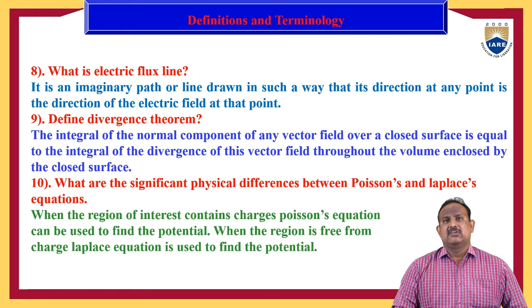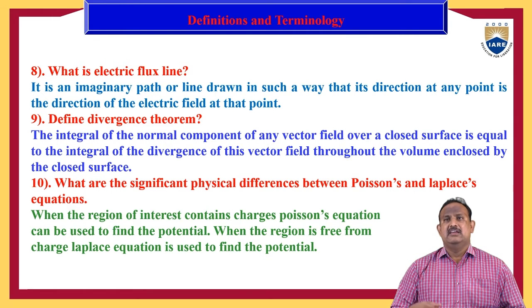So what is electric flux line? It is an imaginary path or line drawn in such a way that its direction at any point is the direction of the electric field at that particular point, which is known as an electric flux line. So define divergence theorem.